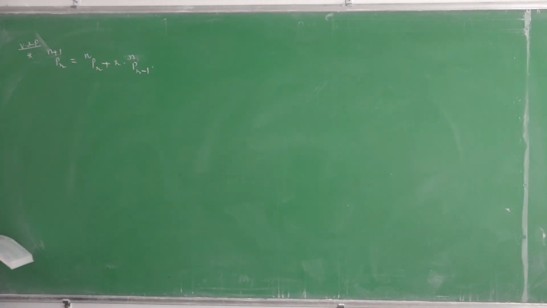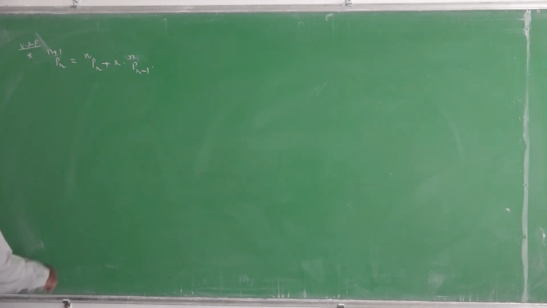n plus 1 P r, the number of permutations of n plus 1 different things taken r at a time is n plus 1 P r, which is nothing but the number of permutations of r things taken out of n things plus r into the number of permutations of r minus 1 things taken from n things.